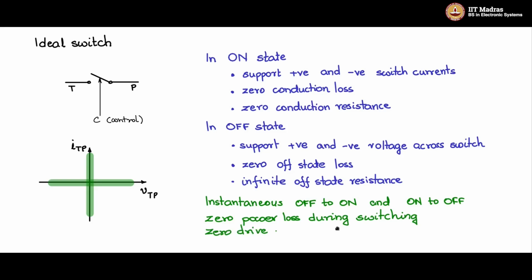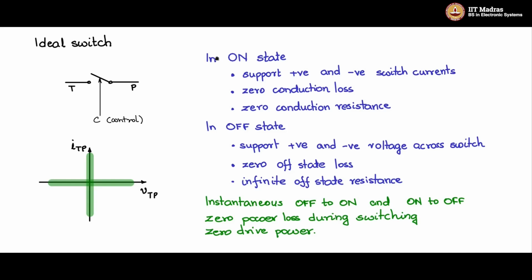This also implies that the drive circuits to drive this control pin of the single pole, single throw switch will have zero drive power requirement. Therefore, only the information signal is sufficient to be given to the control pin to switch the switch on and off. So these are some of the classic features of an ideal switch.